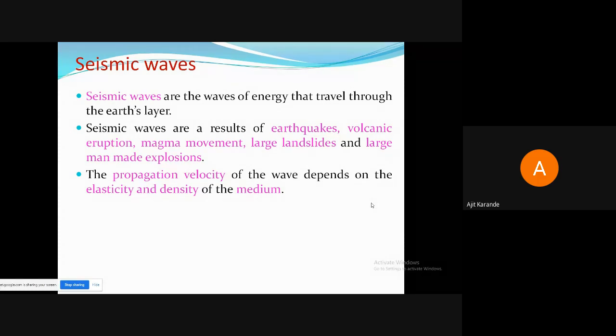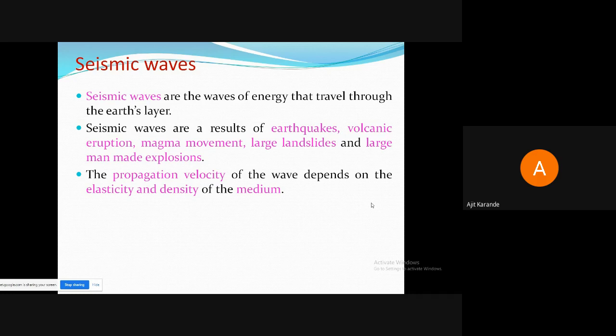Now, as we see the medium, as we see the earth, different layers of the earth, each and every layer of the earth has different properties, either physical or chemical. So due to different material, it will also possess different elastic properties. It will also possess different densities. Take the example of lithosphere and asthenosphere.